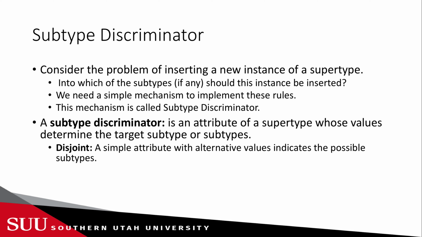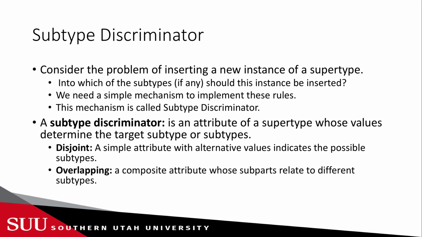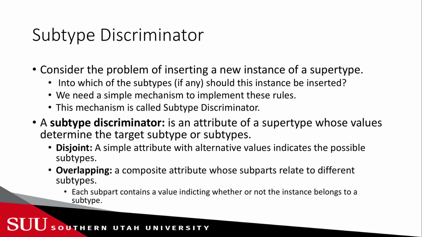For disjoint subtypes, we'll have a simple attribute with alternative values that indicate the possible subtypes. In the case of overlap, it's going to be a composite attribute whose subparts relate to different subtypes in our design, and each subpart contains a value indicating whether or not the instance belongs to a subtype.